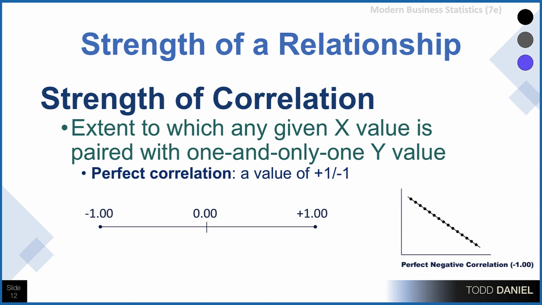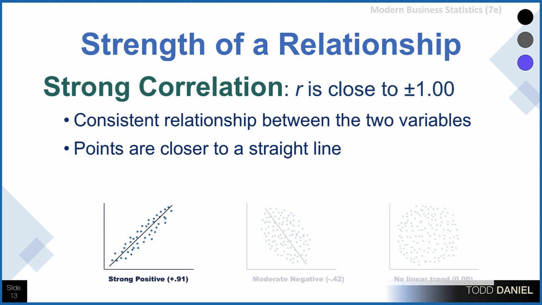But most correlational coefficients are not a positive or negative 1. They're somewhere between 0 and 1. Correlations at 0 mean that there is no relationship. But the closer those values get to either positive 1 or negative 1, the stronger the relationship between the variables.